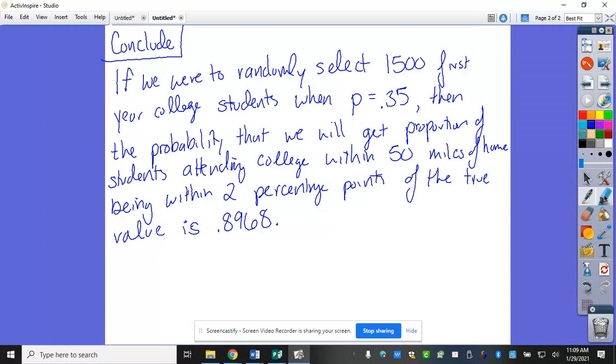So I'm going to break this down. We're randomly selecting, and y'all don't have to write it like this because I'm going to do a generic one. This is my what? Sample size. This is my what? Population. This is my parameter P equals.